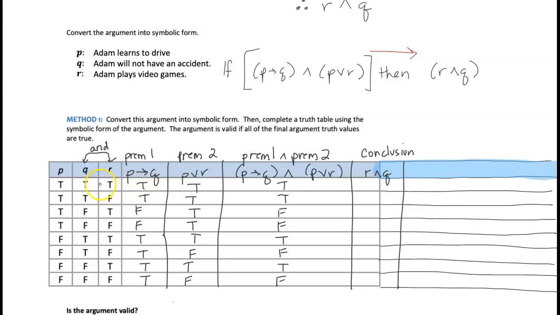So again, we need both of them true. That happens in case 1, not in case 2 or 3 or 4. We end up with both Q and R true in case 5, but not in case 6 or 7 or 8.